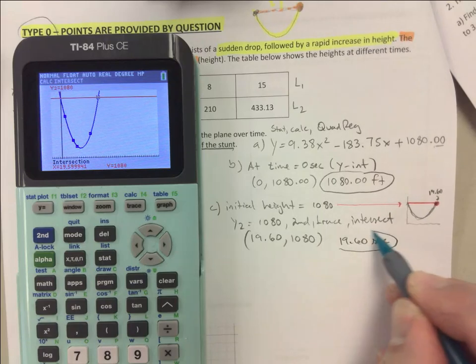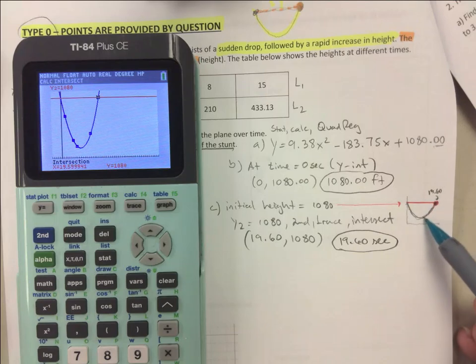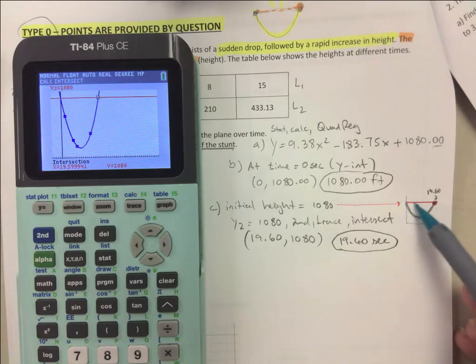Just circle that. That's how long it will take for the whole stunt until we kind of consider it done. Sure, the plane keeps flying after that, but we are only considering start to finish here when you get back to the original height.